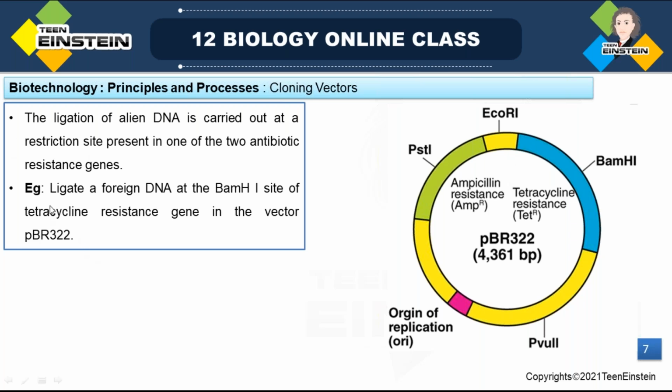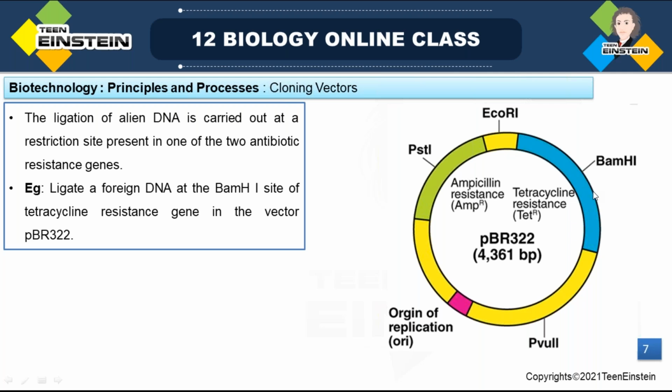Here, for example, ligate a foreign DNA at the BamHI site of the tetracycline resistance gene in the vector pBR322. See here, at this recognition site, the restriction enzyme gets attached and makes a cut, making sticky ends here. Then the foreign or alien DNA gets attached at this site.